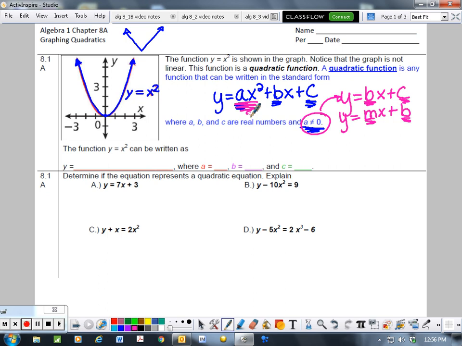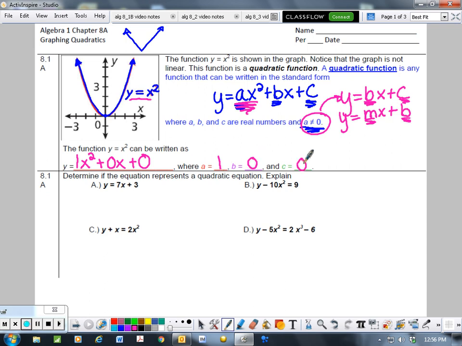Now, our graph up here is actually the form y equals 1x squared, because remember, if there's no number in front, there's really a 1, and then there's no x's and no constants added on. And so here we can identify our a is 1, our b is 0, and our c is 0.